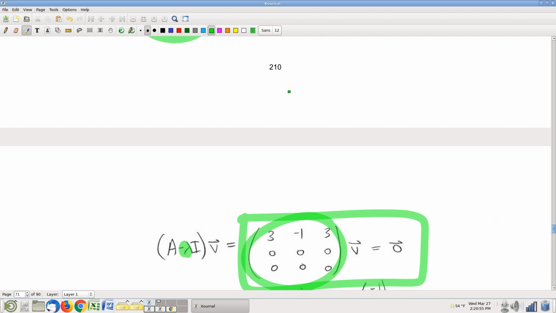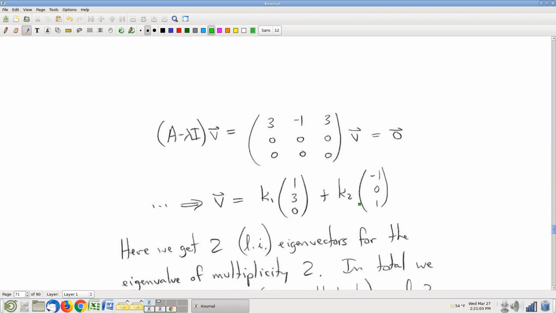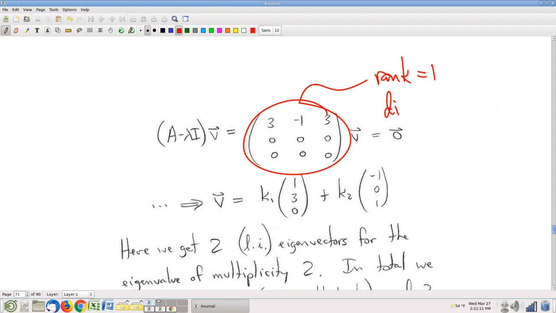So again, how you go about figuring out the rank might be a little bit different every time, but once you know the rank, then you know the dimension of the null space, and everything sort of falls down from there. So let me flesh out those details. The rank is 1, therefore the dimension of the null space is 3 minus 1, namely 2.